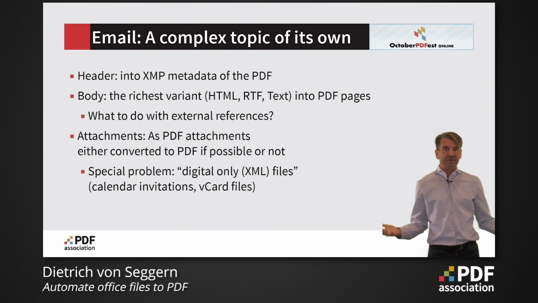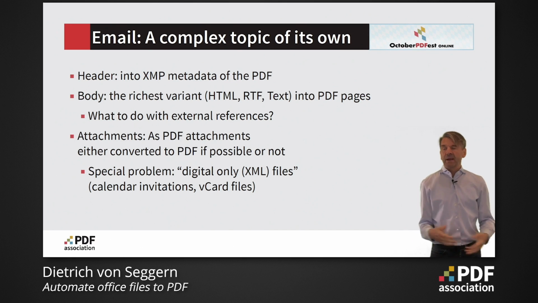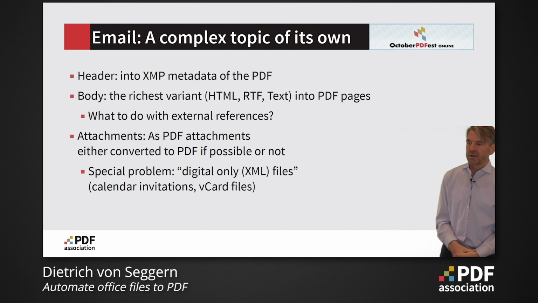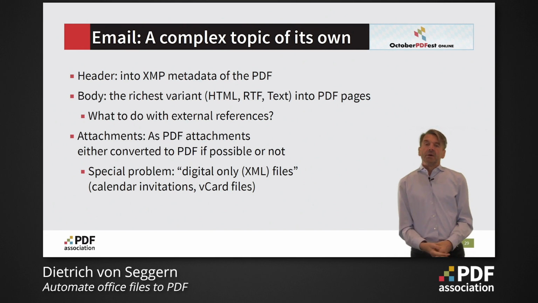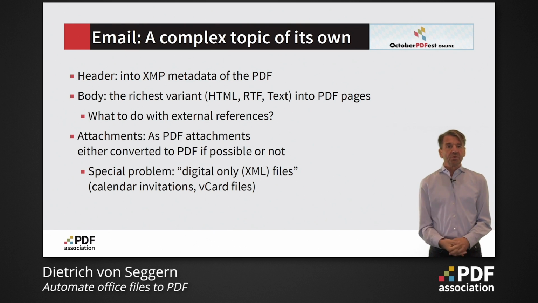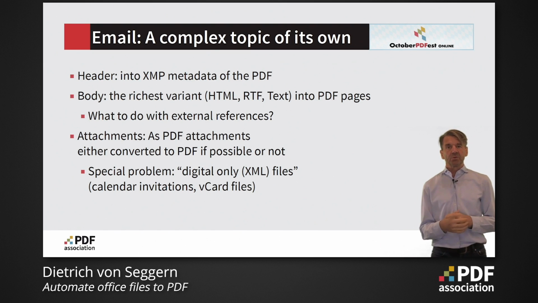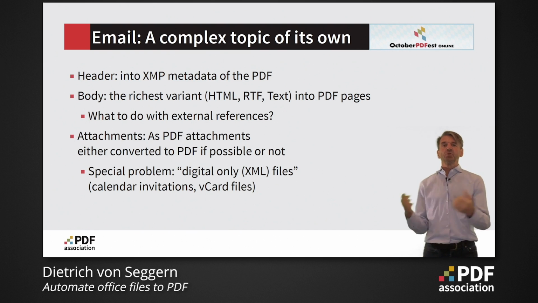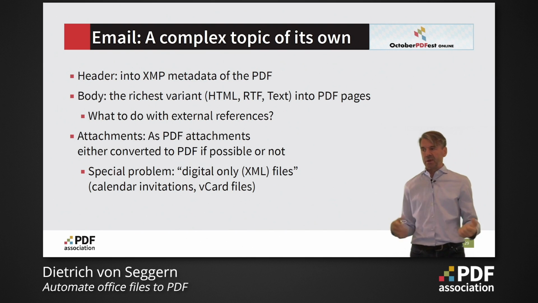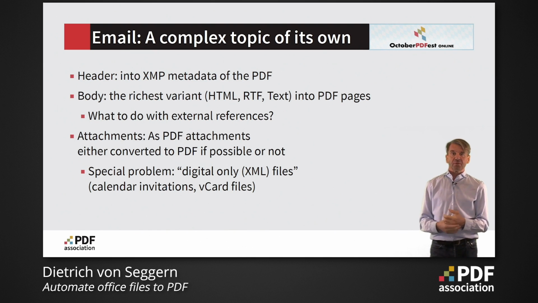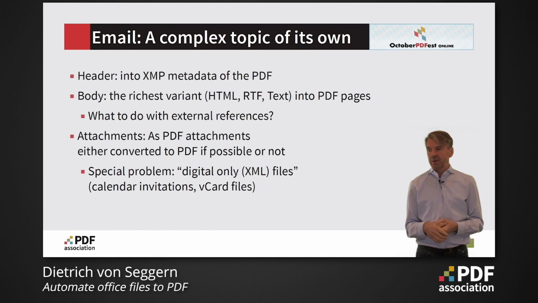And then of course attachments open an endless world of different file formats. You have to decide what you want to do with the attachments, whether you want to embed them into the result PDF, whether you want to convert them to PDF if possible, and then maybe embed two attachments, the original one and the PDF rendition, and so forth.